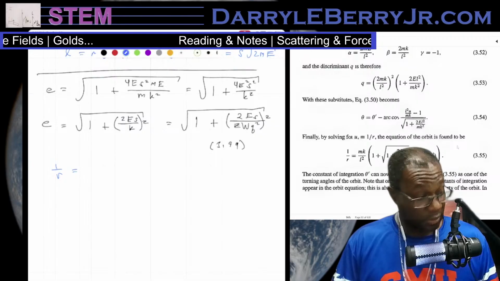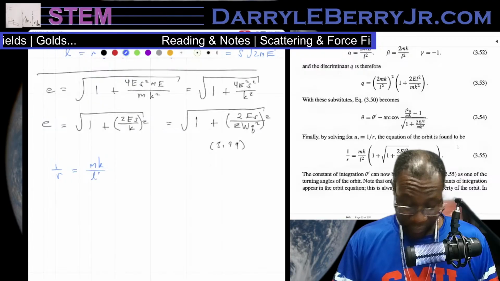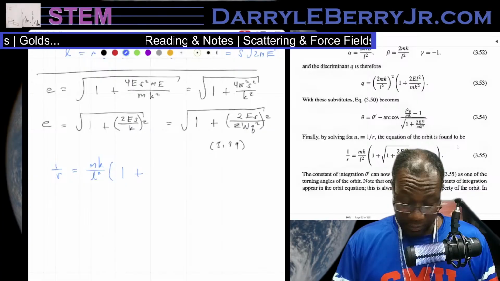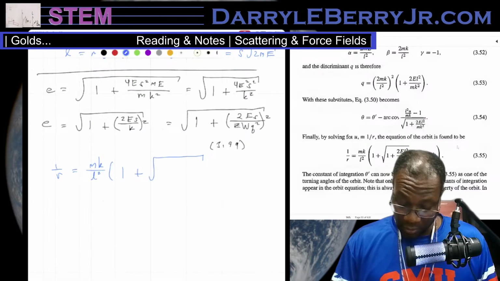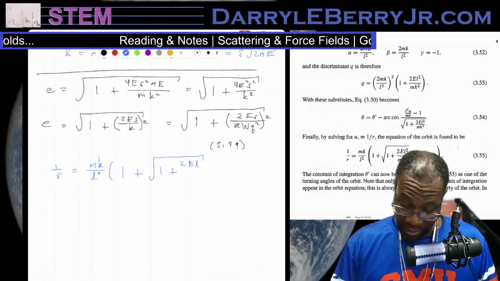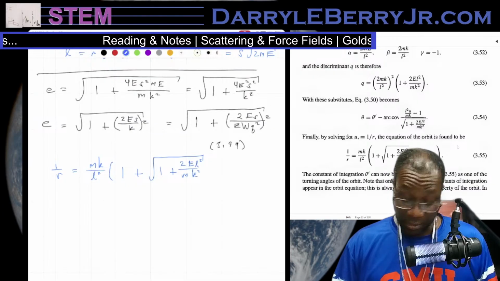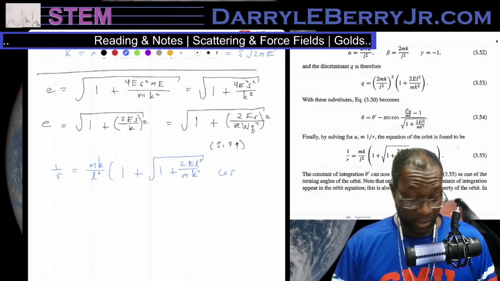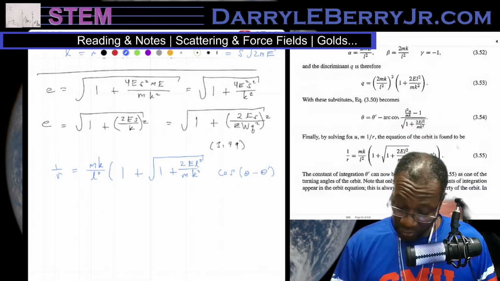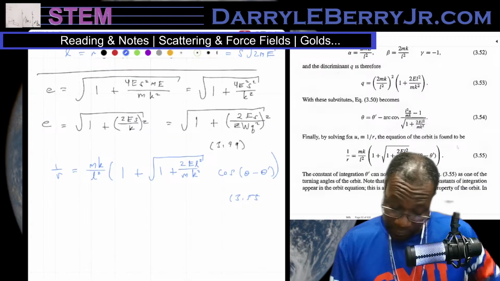So r equals m K over L squared, 1 plus square root of 1 plus 2 E L squared over m K squared, then we have cosine of theta minus theta prime. That's 3.55. Boom. So we have that.